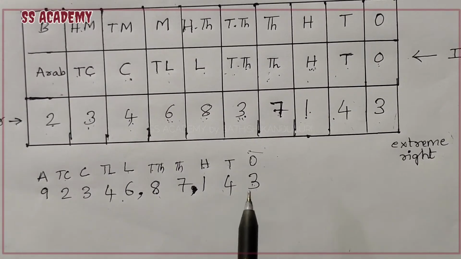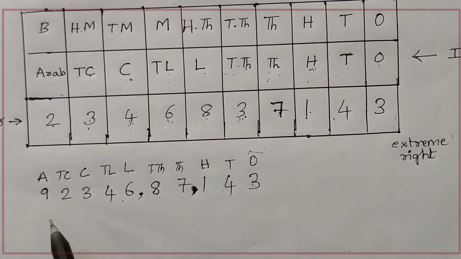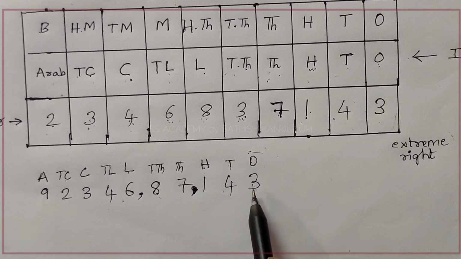Now, after writing the place values, you have to give separators. Here a comma is used as a separator. We should start from the right hand side.